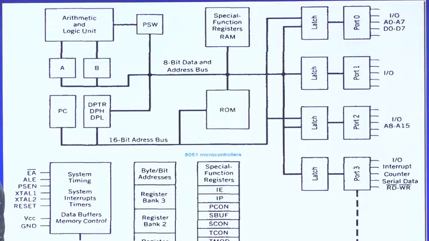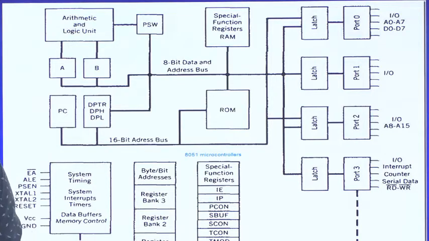In the previous class, we went through the features of 8051. There we discussed some of them. That time I clearly told you that it is an 8-bit microcontroller. It has 16 address lines, 8 data lines, and timers.